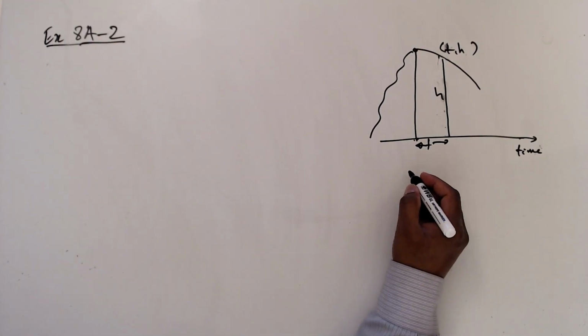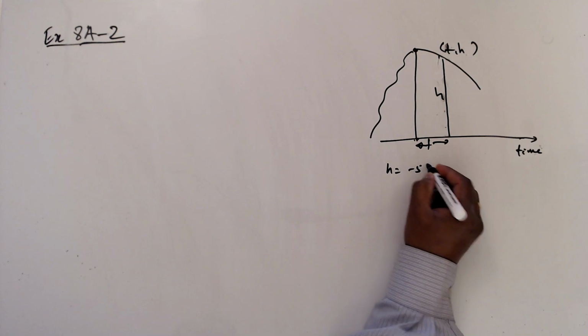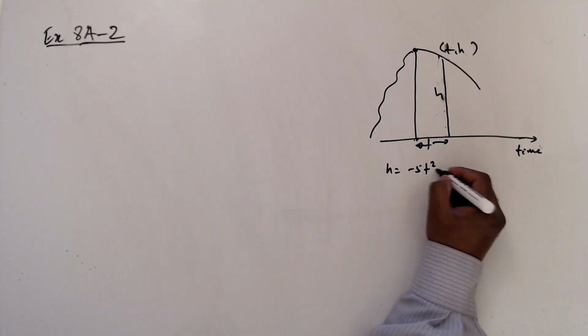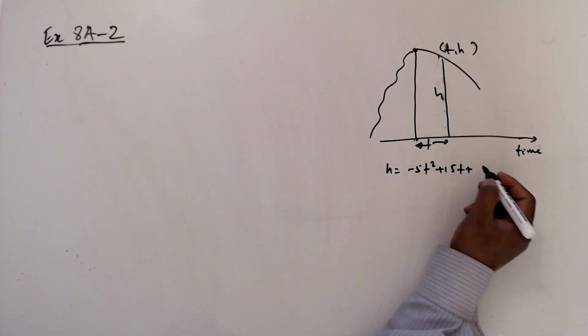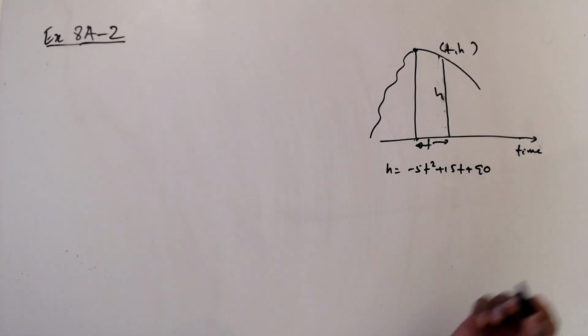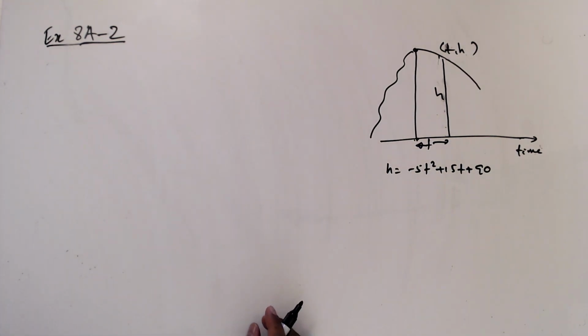So h is minus 5t square plus 15t plus 90.